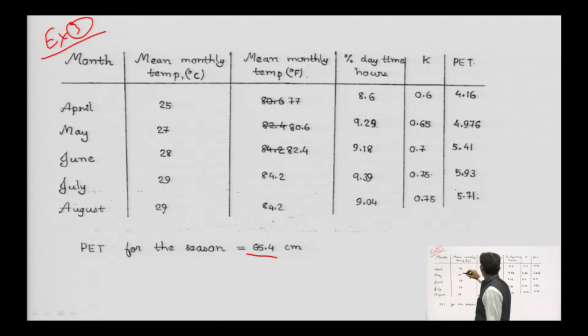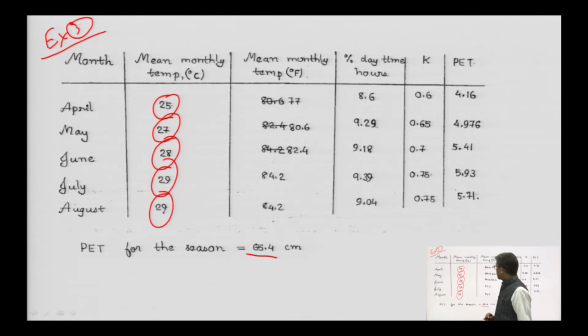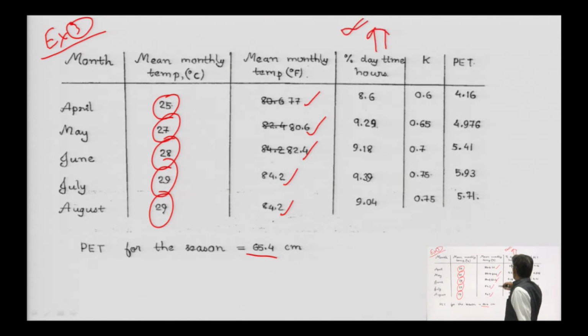For April it is 25, May 27, 28, 29, 29. Then the mean monthly temperature in Fahrenheit, that we have calculated, and the percentage daylight hours is also given: 8.6, 9.29, 9.18.